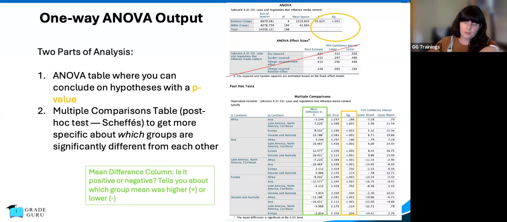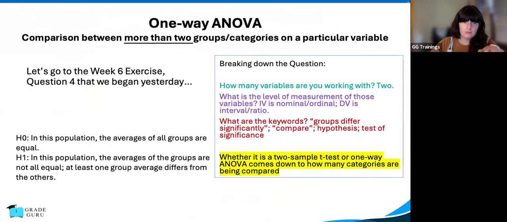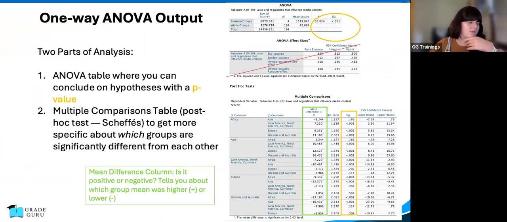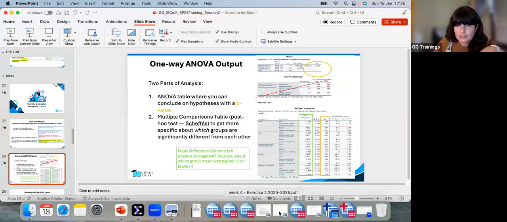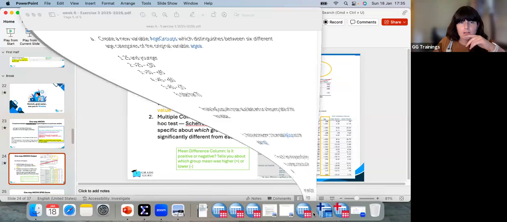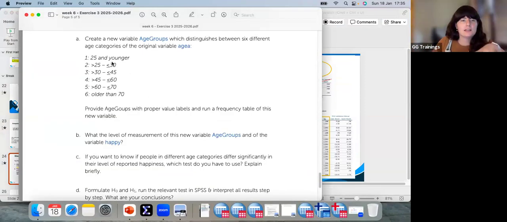So if we were going to apply that to this example, oh no, this wasn't an example, sorry. Let's look at that question 6 again, just so that it's a little bit more consistent. This age group thing. Let's say that there was a significant difference between group 1 and group 2. Then you would conclude with, people who are 25 and younger have a significantly higher average happiness compared to people between the age of 25 and 30. So that would be your sentence.